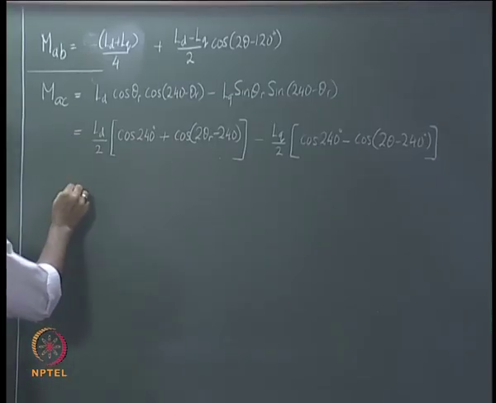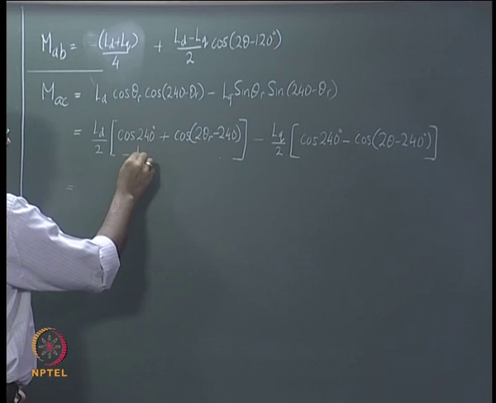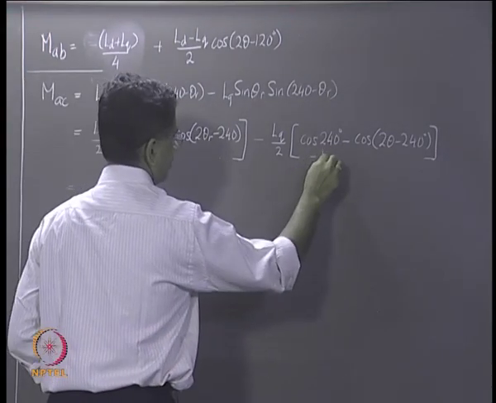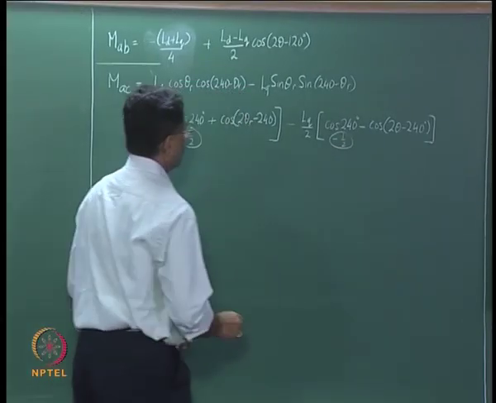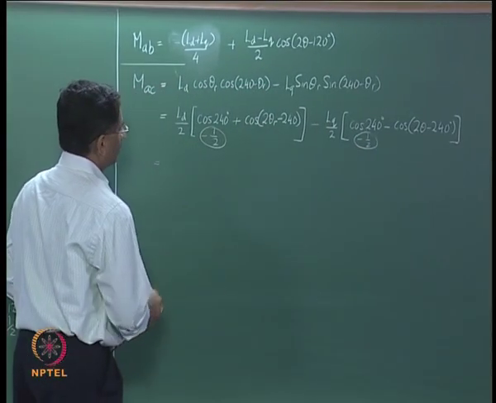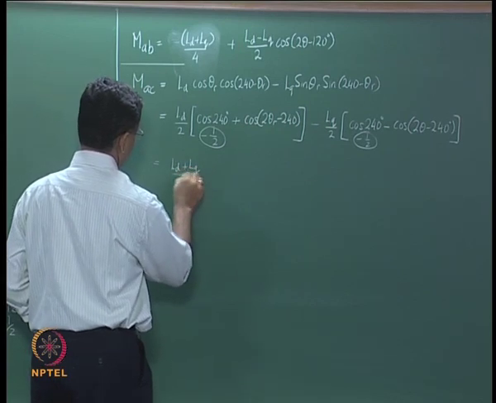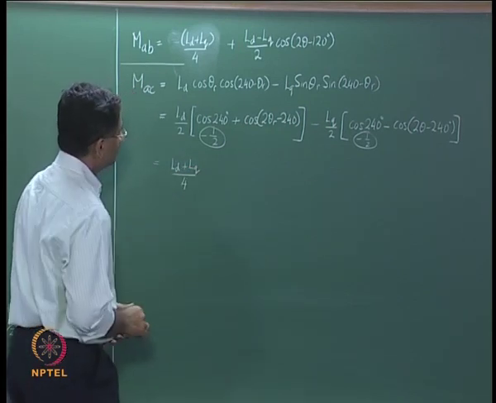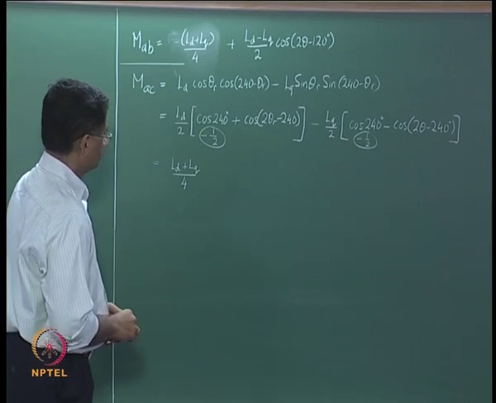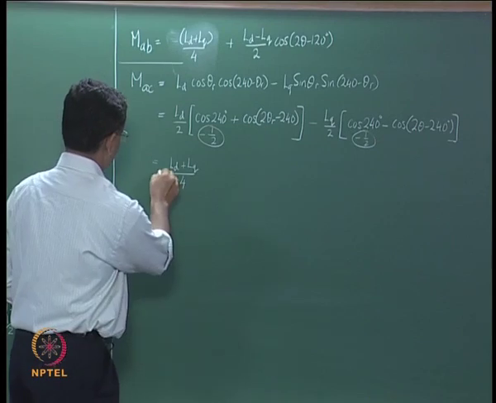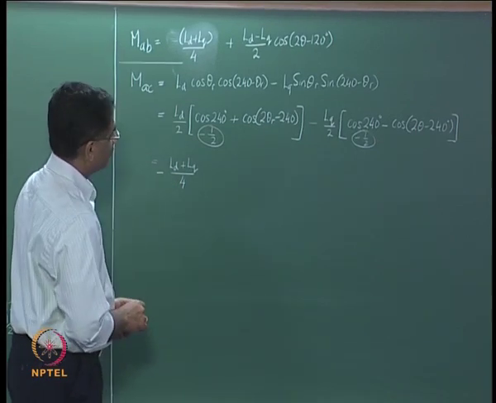So cos of 240 is again minus half, this is again minus half. So you have minus LD plus LQ by 4.